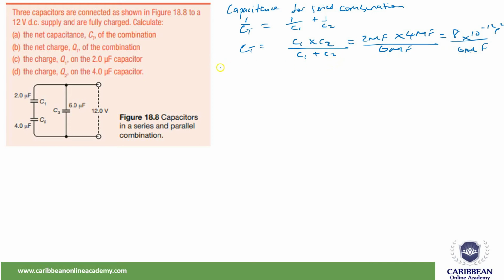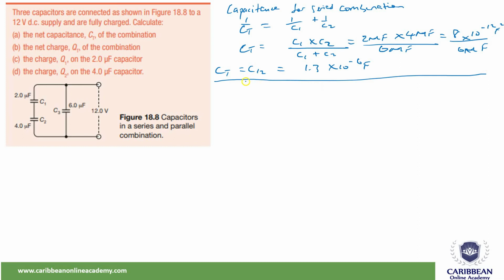So by way of doing all of that, we realize that CT, or we can say C12, is equal to 1.3 times 10 to the minus 6 farads. So that's for when we have capacitors in series.